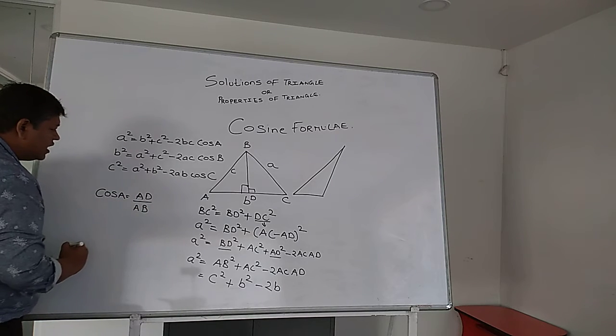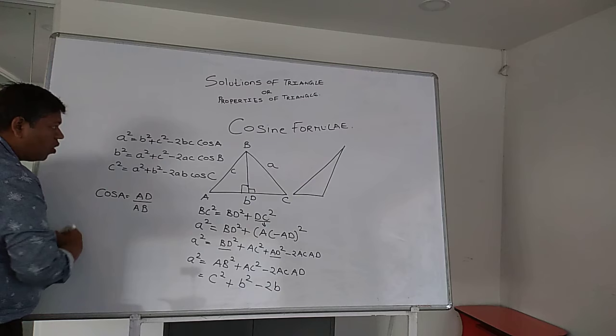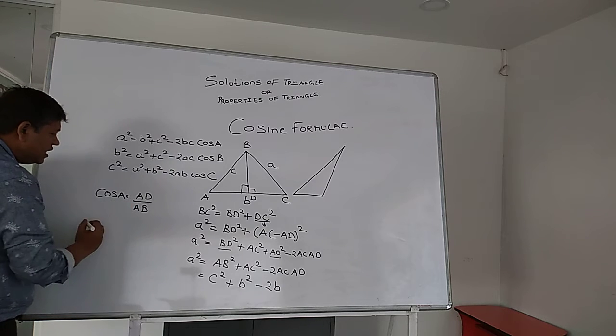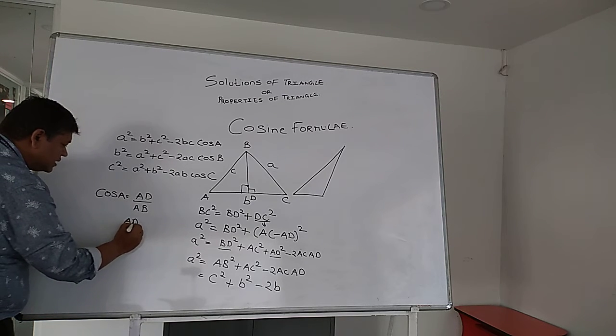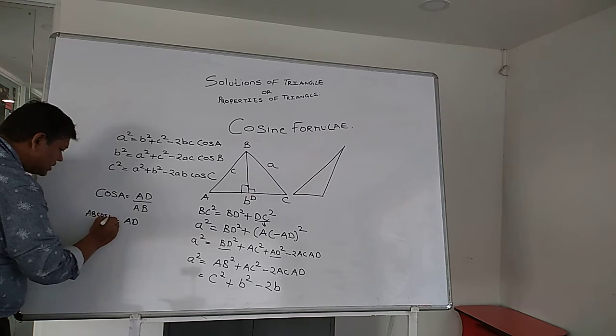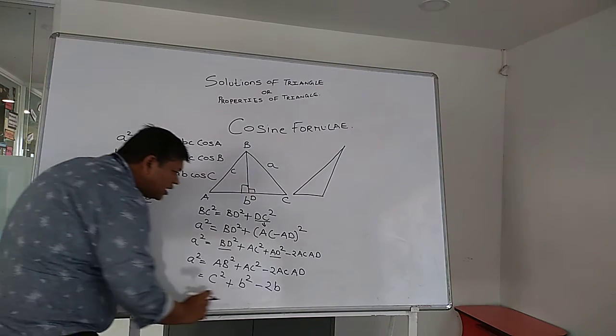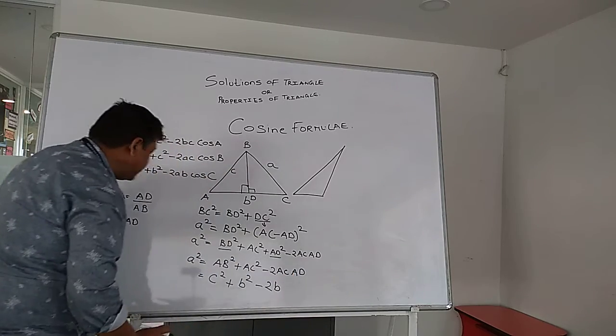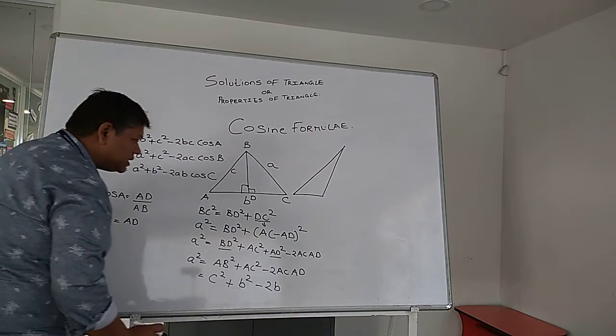Therefore, AD can be written as AB cos A. So here the AD side is written as AB cos A.